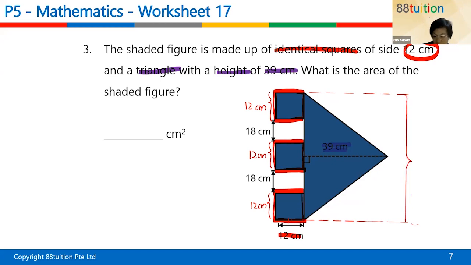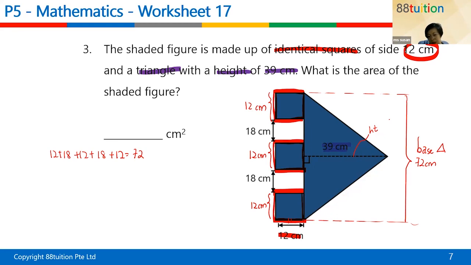This portion itself will be 12 plus 18 plus 12, so you technically get 72 cm. So this is the base of the triangle, which is 72 cm. I've made an indicator there. And you have a height of 39 for the triangle. That is the height of the triangle.